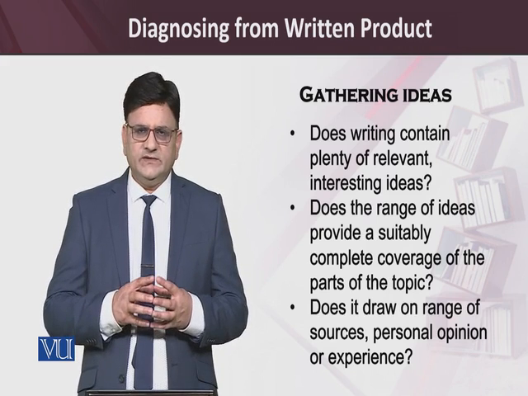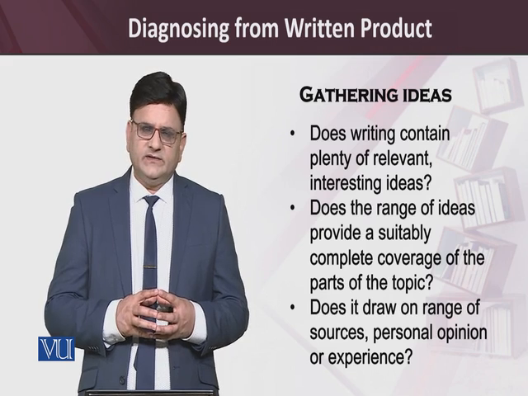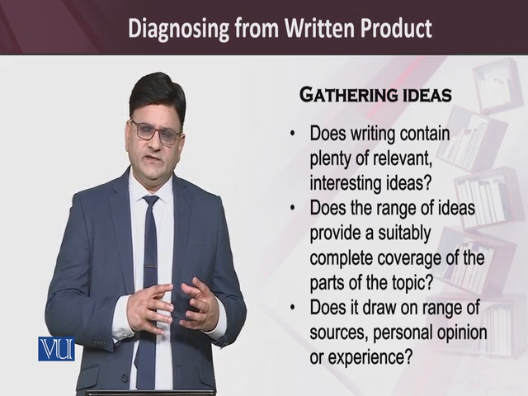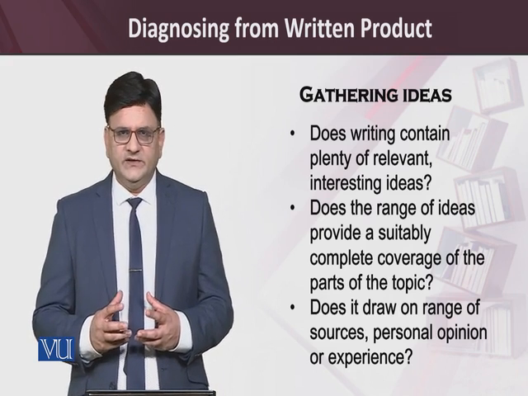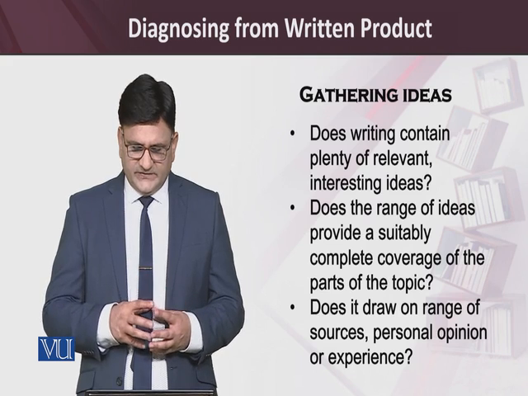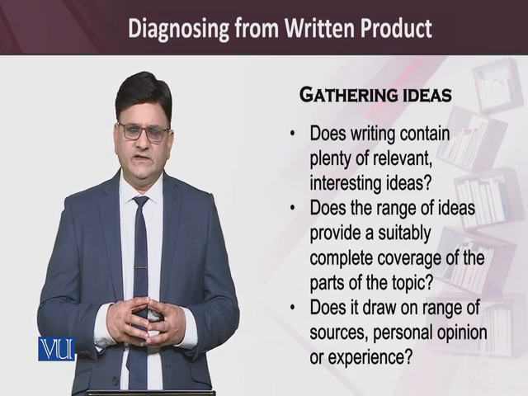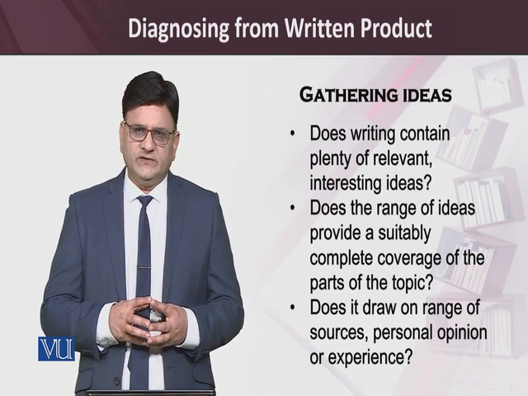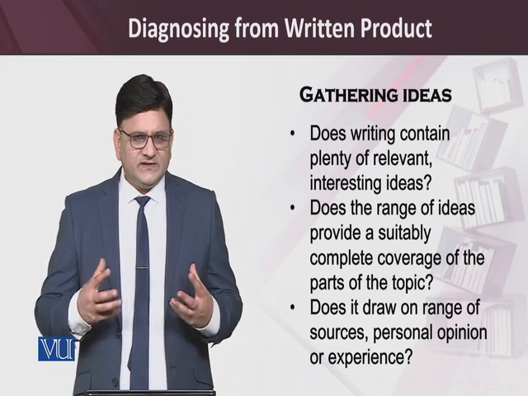I mean, the writer should not start from one thing, let's say A, and then start writing on B. I mean, there should be consistency. Does it draw on a range of sources? I mean, references. If the students have been asked to write about climate change, it shouldn't be their personal opinion.